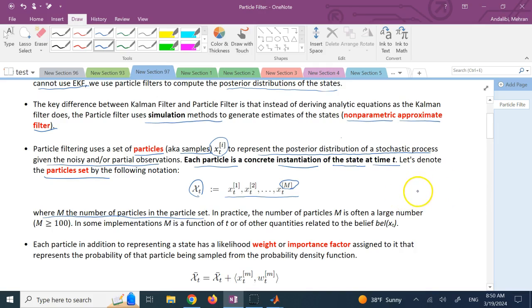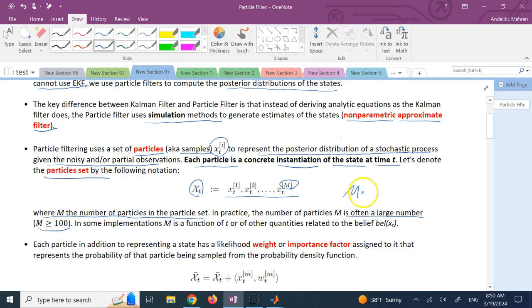The reason was, in the unscented Kalman filter we were not going to estimate the entire distribution. We were just going to estimate the transformed average and the transformed covariance matrix. So we wanted to estimate two parameters after transformation. Here we are going to estimate the entire distribution by a bunch of samples, so we need a large number of samples, typically more than 100.